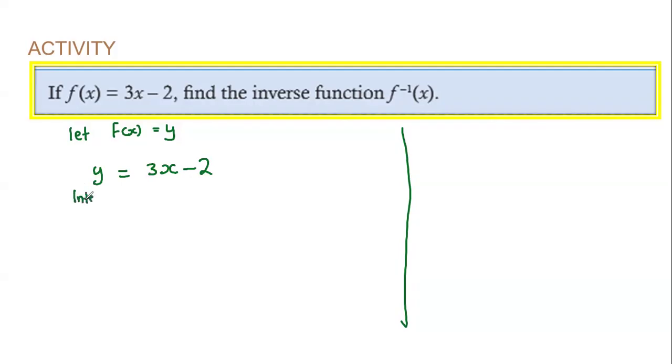Right. So we interchange, yes? X is equal to 3y minus 2. So it will be x plus 2 is equal to 3y.